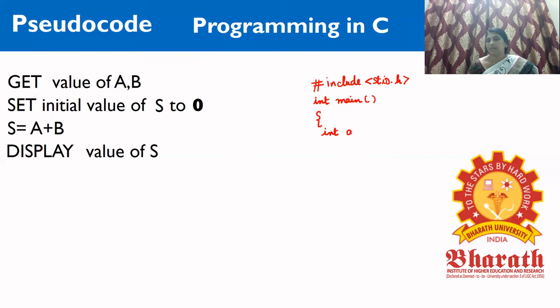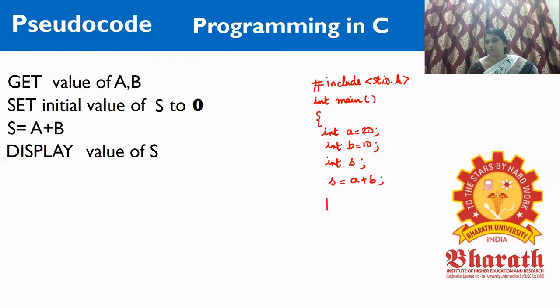Say int a is equal to 20, then int b is equal to 10, and we initialize another variable s, and we do s is equal to a plus b.